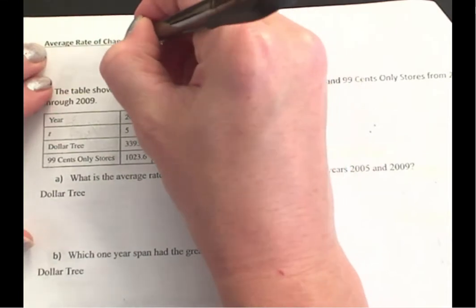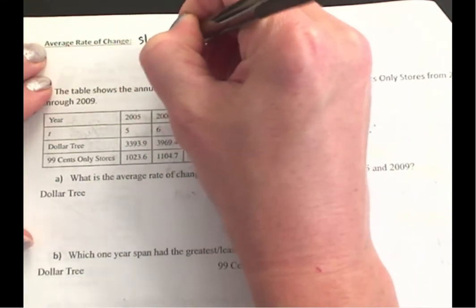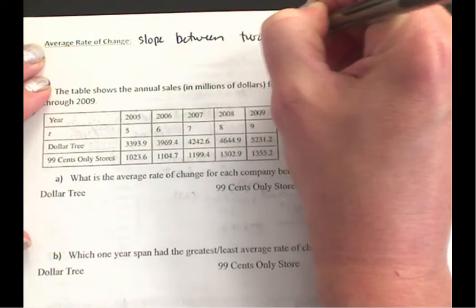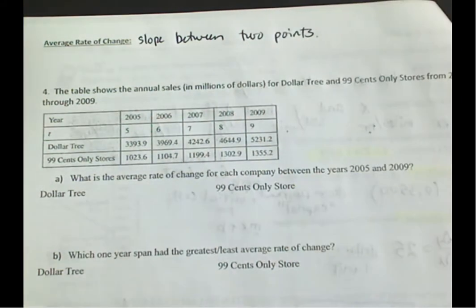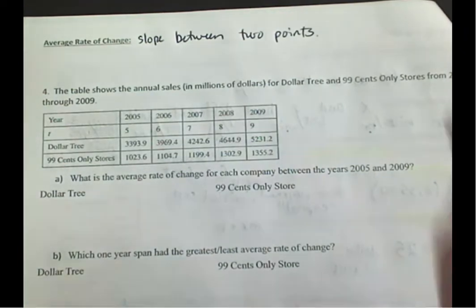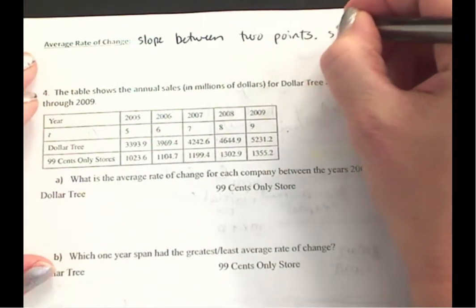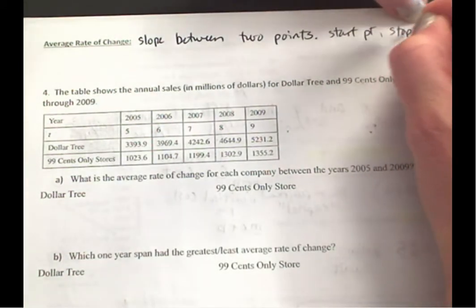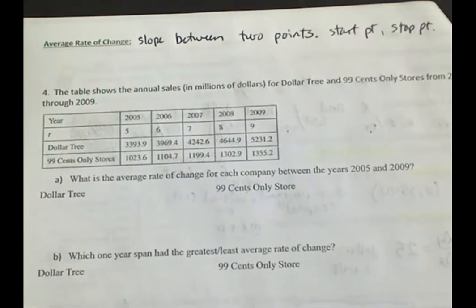Okay, average rate of change is slope between two points. Any two points. We just call it an average rate of change. Typically you have a starting point and a stopping point. Doesn't necessarily have to be next to each other. You can pick any two points in the data or on a graph.